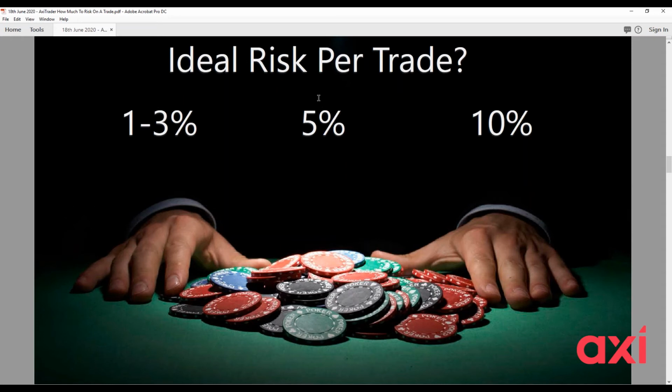But if I really were to ask you, hey, 1 to 3%, is it 1? Is it 2? Is it 2.5? Is it 3? How are you going to decide how much you are going to risk within 1 to 3%?